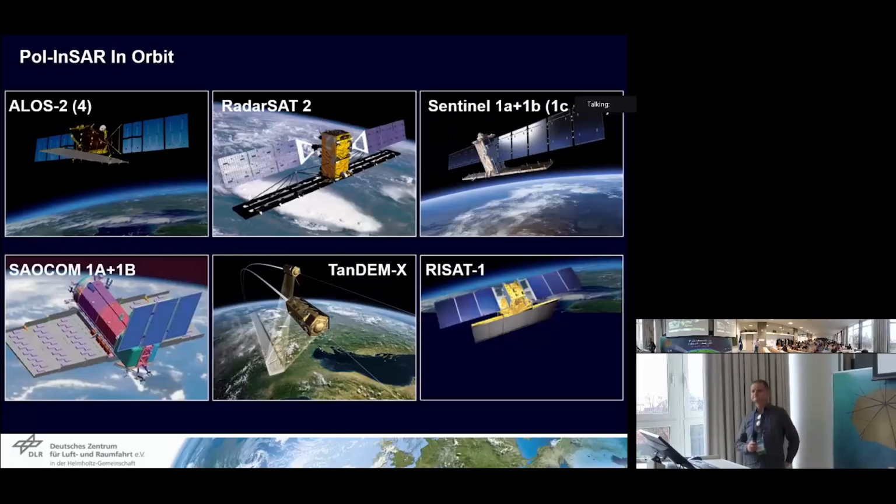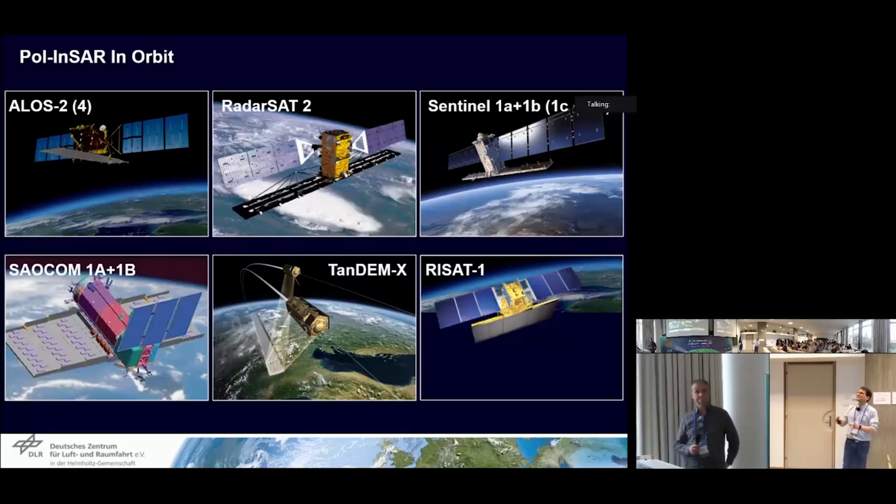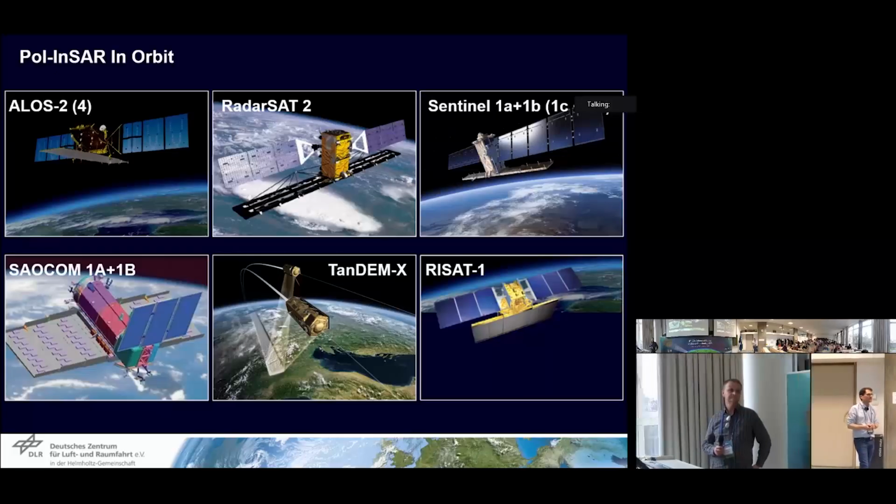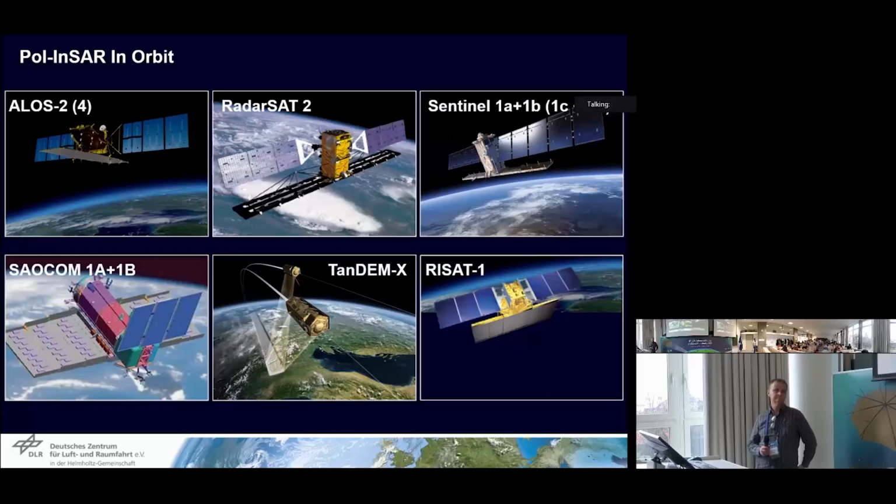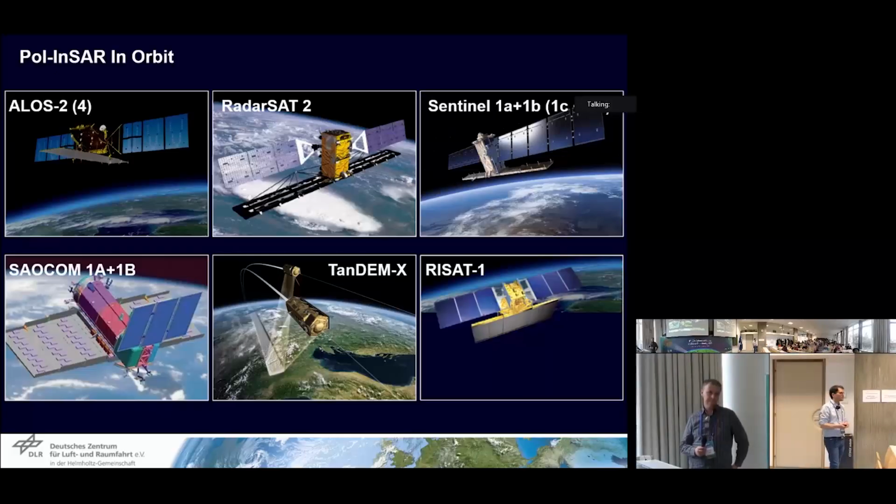Of course, in RADARSAT you have it. Sentinel is only dual pole and has this funny configuration where you have one co-pole channel and one cross-pole channel, HH and HV, or VV and VH. For many reasons, this is maybe not the most informative configuration, but still you can start to do something.